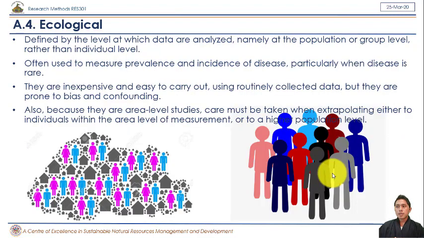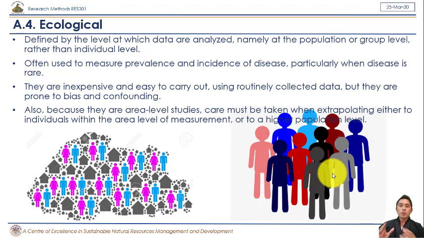The next one under observational studies is the ecological study. A very widely taken up study in the field of research is the ecological study. We do not look at individuals in this kind of study.